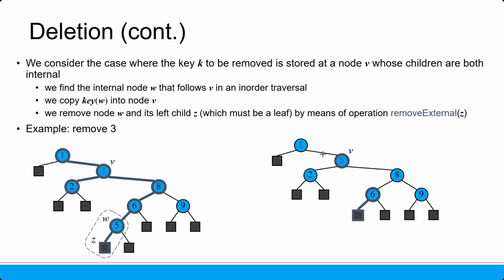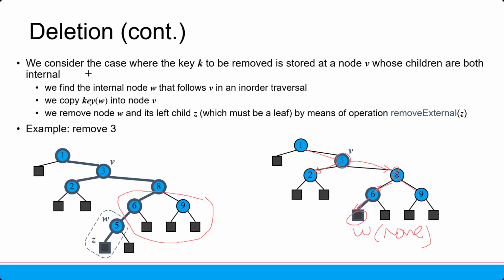Now 5 will be in this position, the left will stay, and the right will be 8. The remaining will still follow 3. And after 6, we will put another W, which is null.